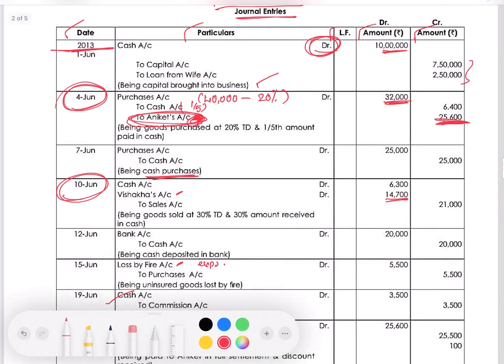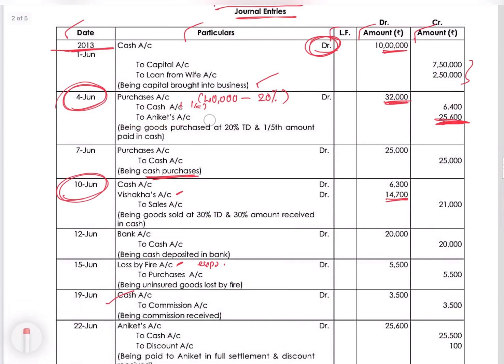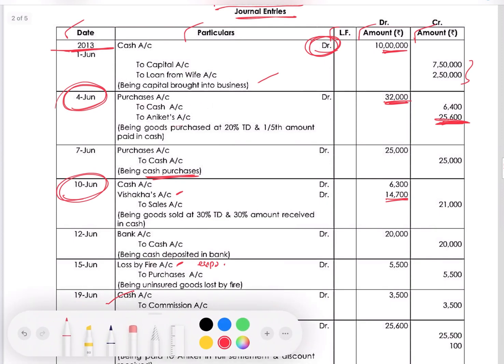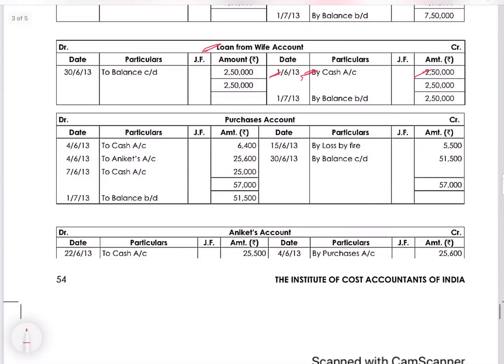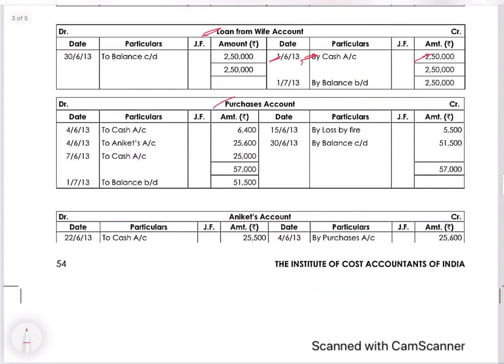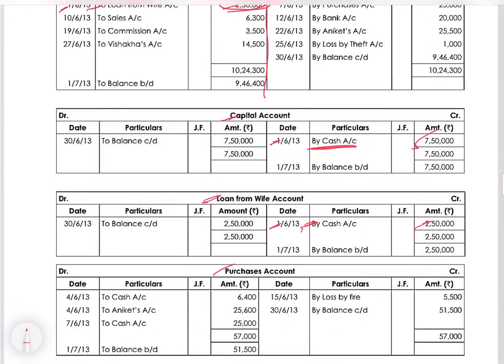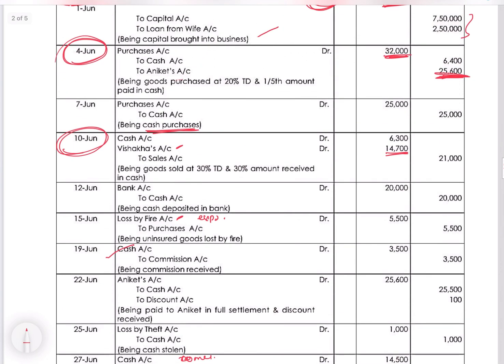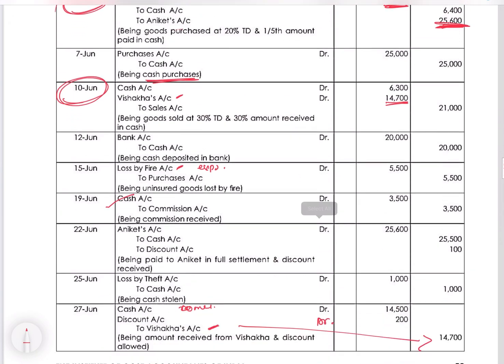Purchases to Aniket, to cash. So we will make accounts: purchases and Aniket. Cash is already there, so we need not make it. First, purchases account is debited with 32,000.